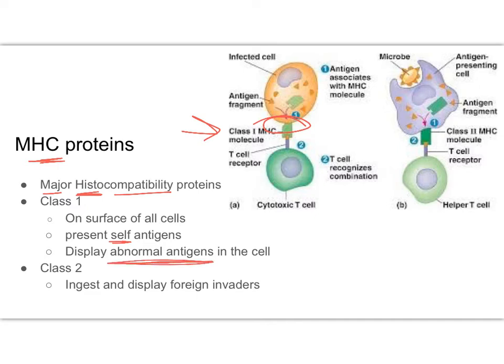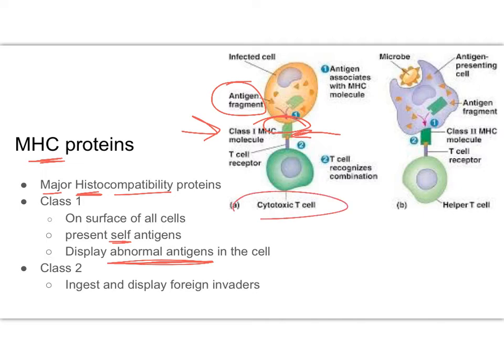So this cell that's infected, you can see it displaying that foreign antigen on that MHC1 complex. Okay? If the cell is becoming cancerous and it's making cancerous proteins, it will also display those. And therefore, your passing T cells, passing B cells, they can see this and maybe attack it.